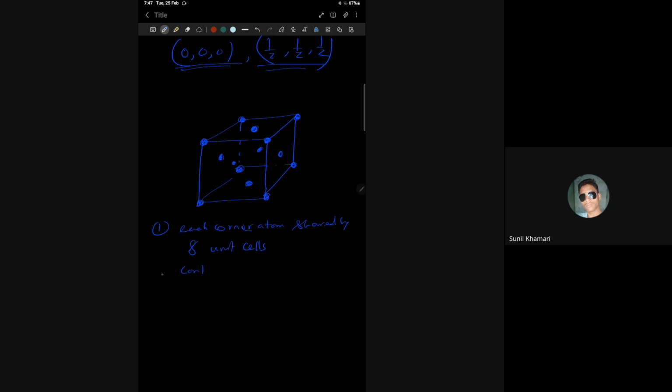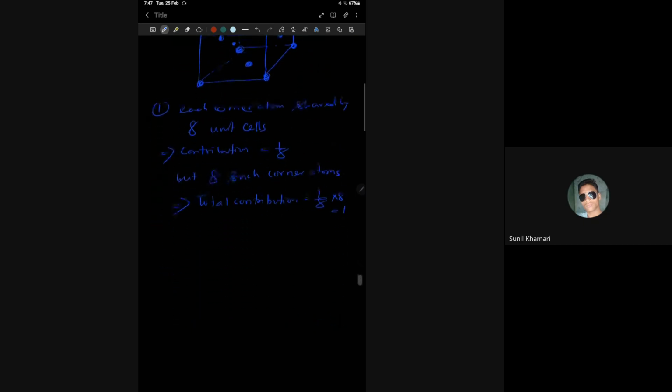So this implies the contribution is equal to 1 by 8, but there are 8 such corner atoms. This implies the total contribution is equal to 1 by 8 into 8 is equal to 1.